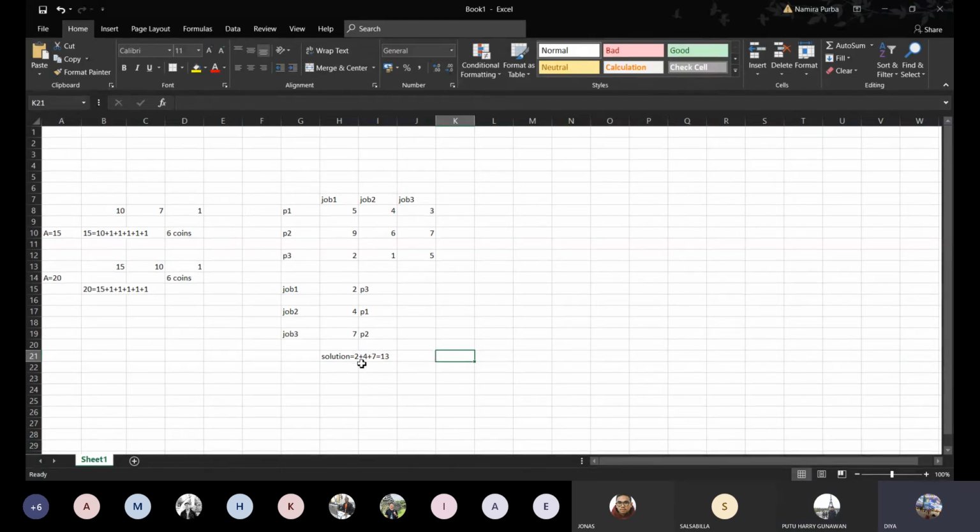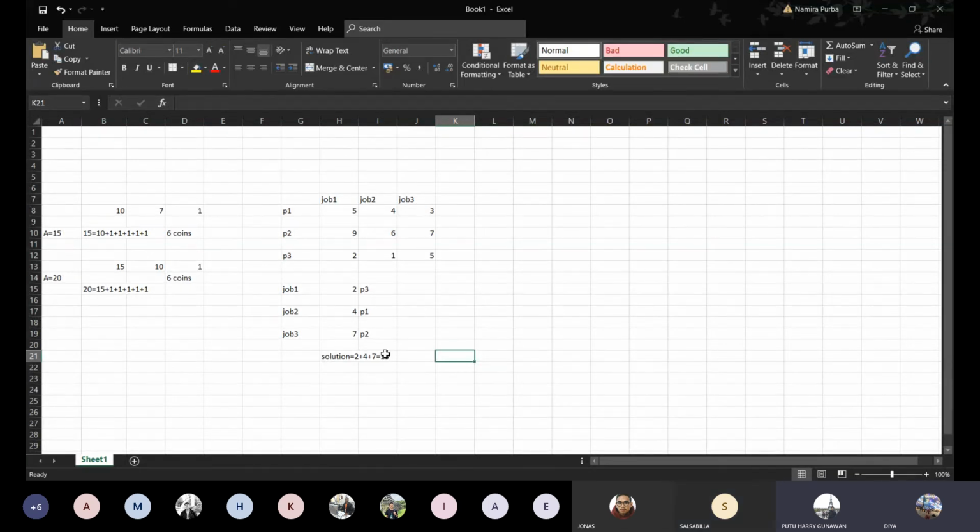So we get the solution 2 plus 4 plus 7, which is 13. I think it's an optimal solution because based on the greedy algorithm, we take it from the smallest value. That's it, sir.